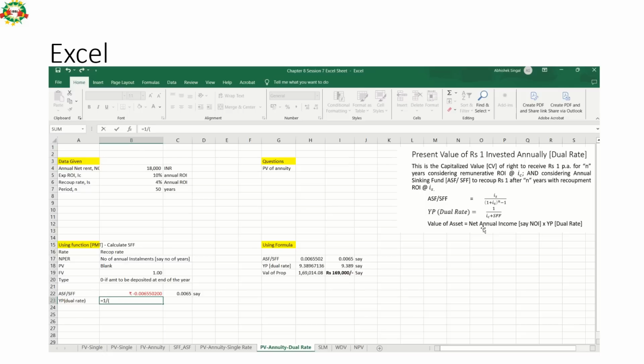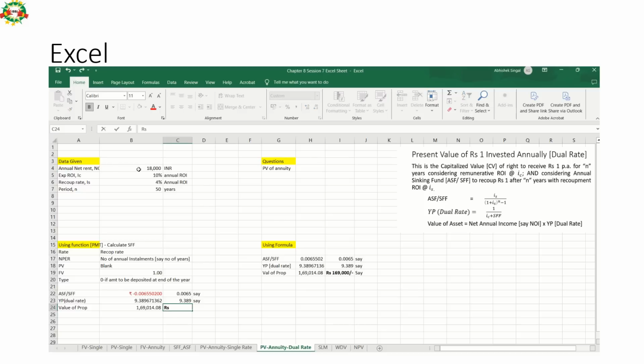Just use 1 divided by rate of interest plus this SFF, so it is 9.389. Then the value of property is year purchase multiplied by NOI, 169.